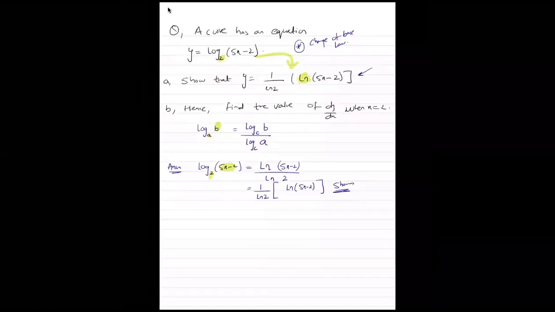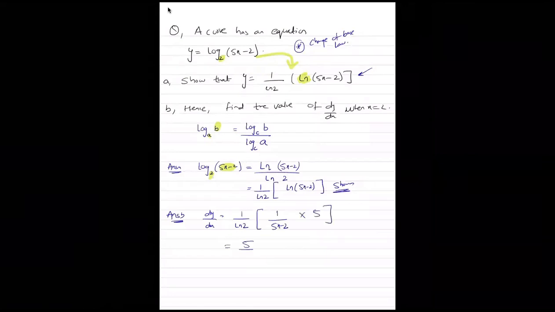For the second part, you need to differentiate the curve. Differentiation of 1 over ln 2 times ln of 5x minus 2 is going to be, see, 1 over ln 2 is just a constant value. Differentiation of ln of 5x minus 2 is going to be 1 upon 5x minus 2 times 5.